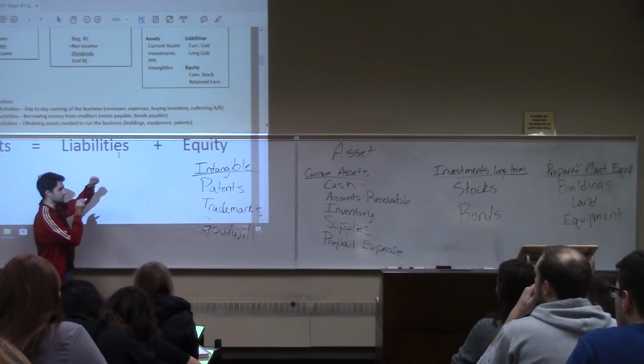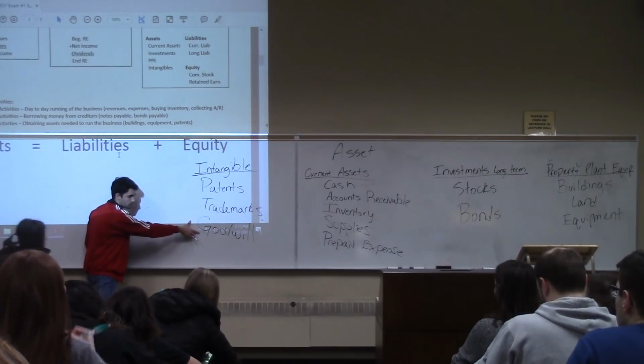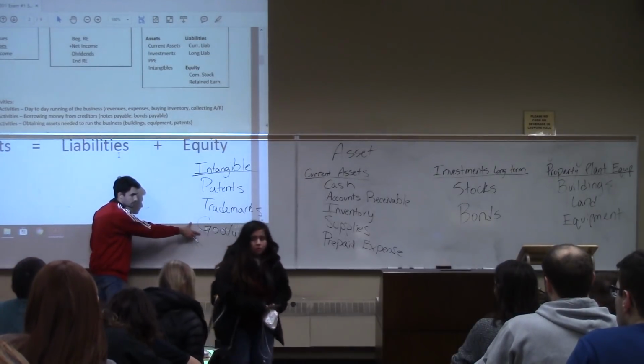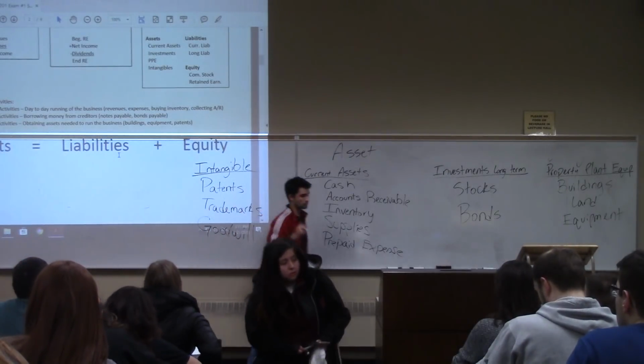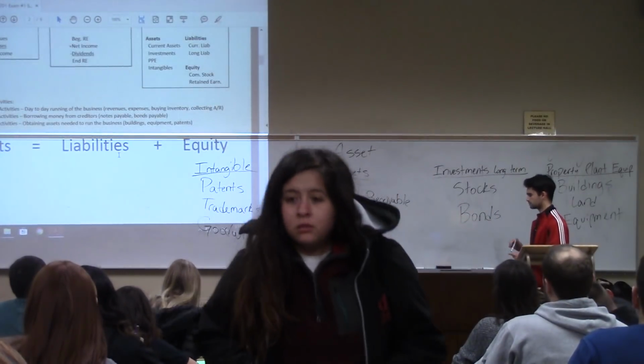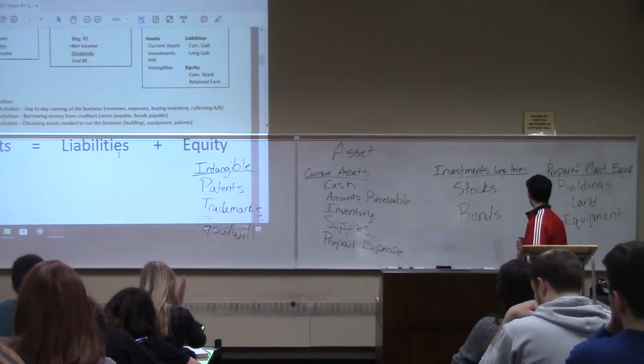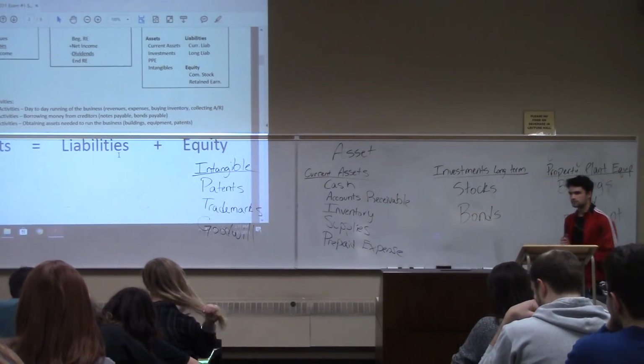That difference in value and for what we paid is goodwill. So in that case, we've got $20 of goodwill. McDonald's is worth more than what we paid. Any questions so far?